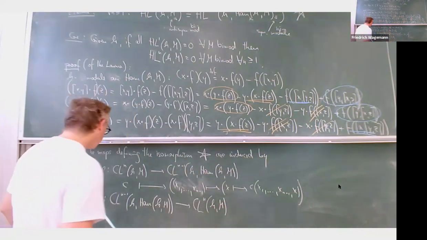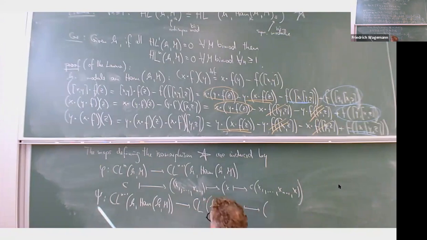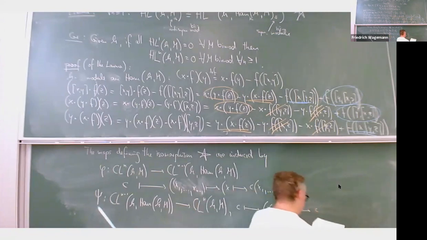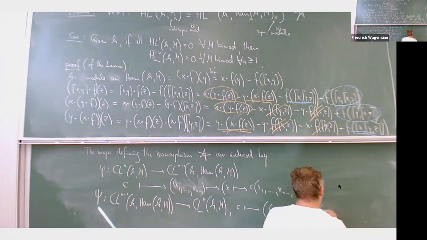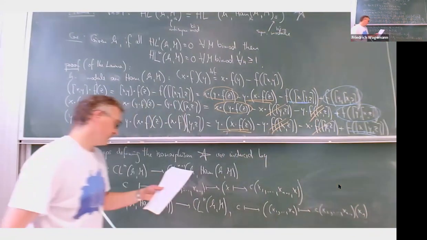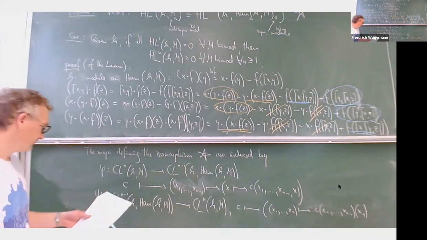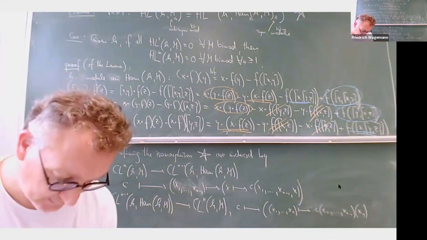Okay. Yeah, this sends C to the map which sends X_1, ..., X_n to C of X_1, ..., X_{n-1}.